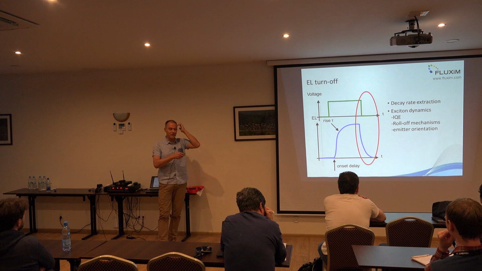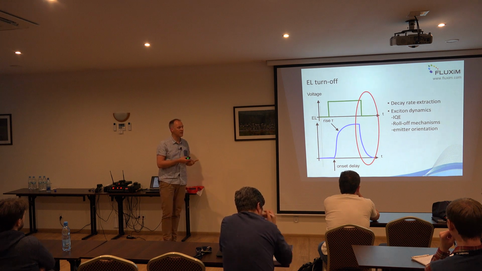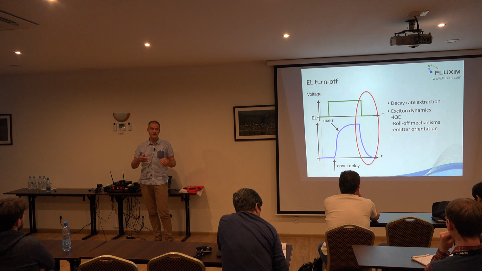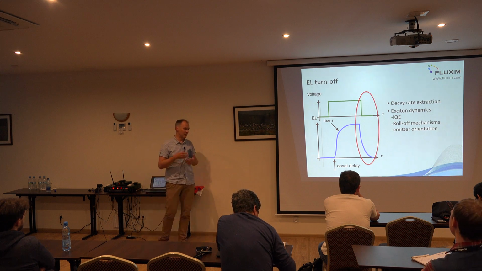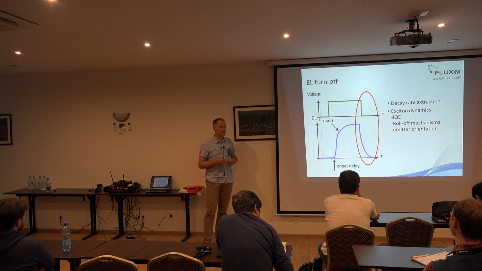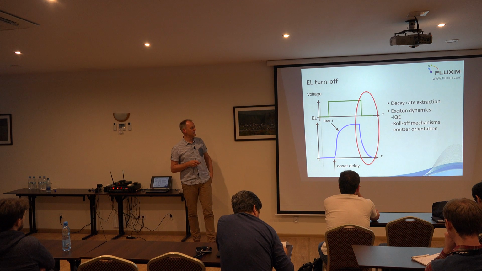If we turn off the voltage, then we still get emission from the excitons which are still there. That's one reason. The other reason could be that there are still electrons and holes which walk around and recombine. In the previous presentation, I've shown this example of a Reinecke publication also, where he argued that the electron holes go out and make delayed recombination.